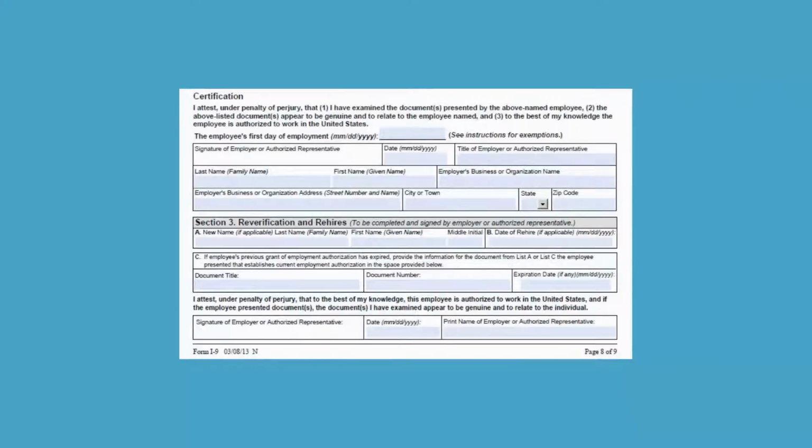For example, if an employee gets married and changes his or her last name, then you can put the new name and the date of the change in Section 3. It also has to be signed by the employer or the authorized representative, with the date that the change was made, and printing the name of the employer or authorized representative after that. In addition, Section 3 is used when an employee is rehired within a short period of time.